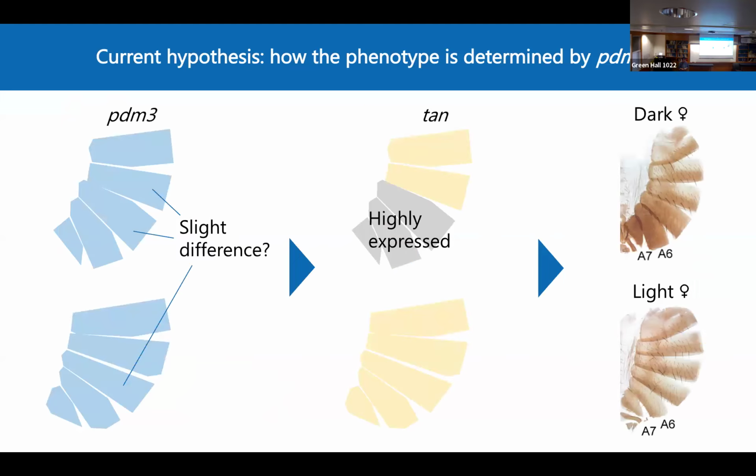So based on those results, the hypothesis I currently have is like this. PDM3 expression might have a slight difference, and then it will promote the high expression of tan at the posterior abdomen of the dark females. And then it will create the phenotypic difference in light females and dark females.